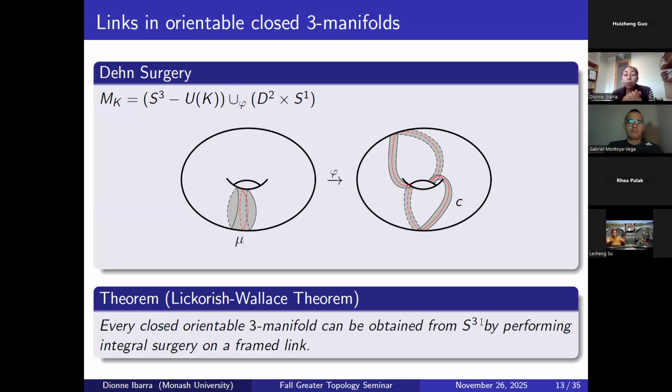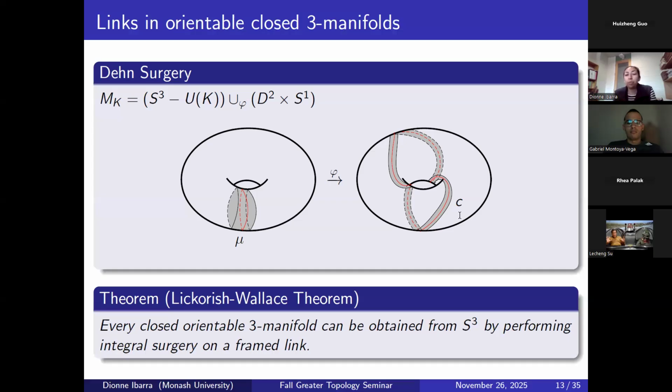The gluing map, this homeomorphism, is completely dependent on where the meridian of the solid torus is glued along the boundary of the knot complement. So basically, it is completely dependent on this curve in the torus.